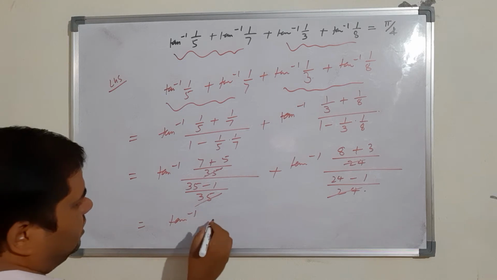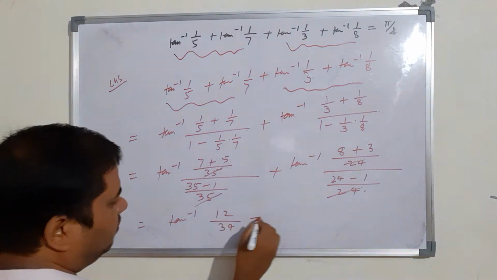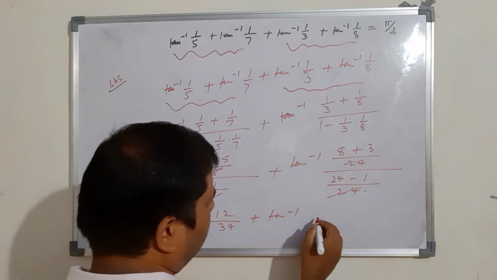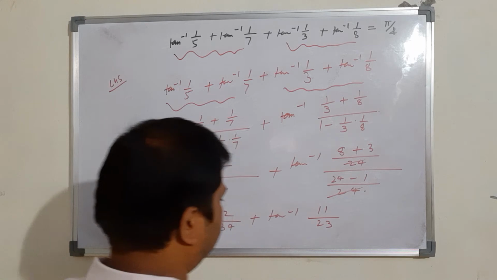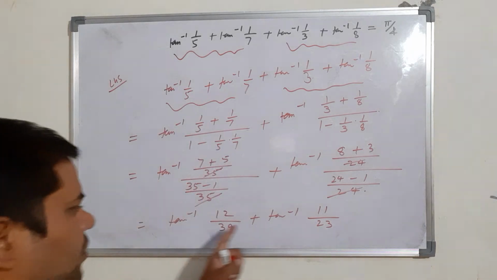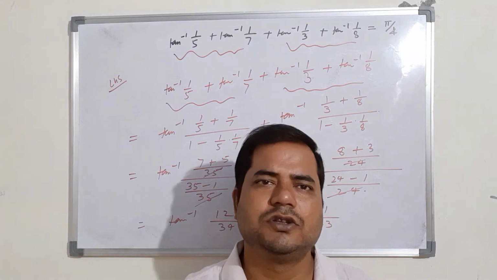So this becomes tan inverse of 12 upon 34 plus tan inverse of 11 upon 23. Now again using the formula tan inverse x plus tan inverse y, we get the solution.